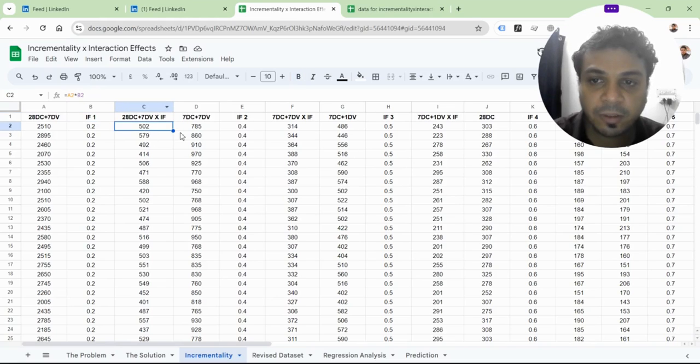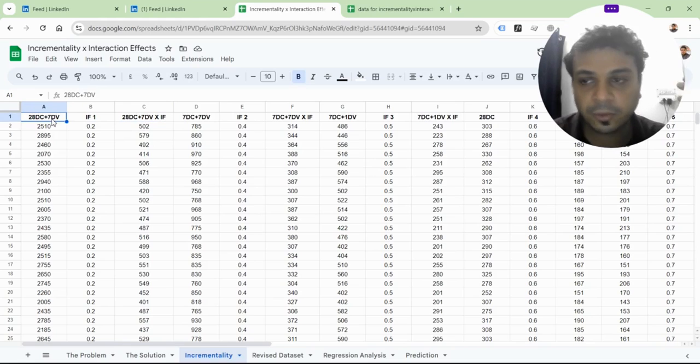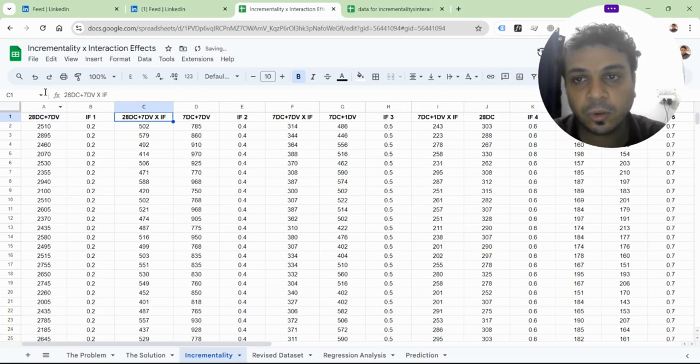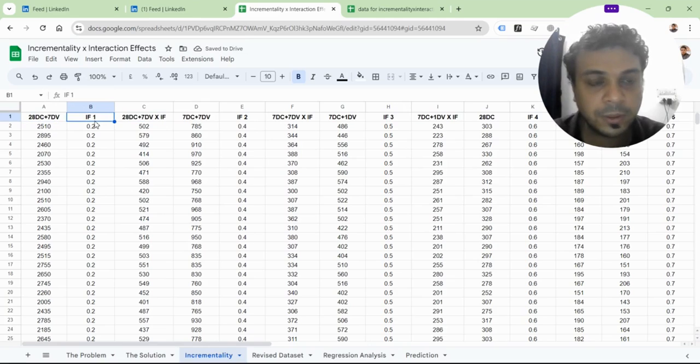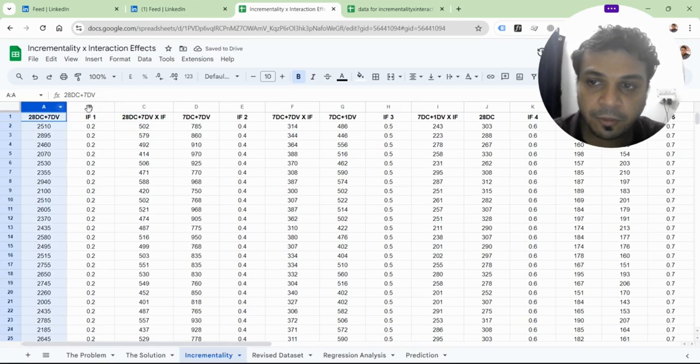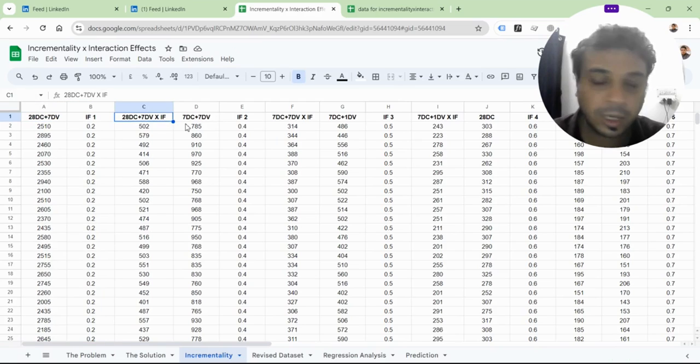So the interaction effect values actually represent, because of the name and the concept itself, the information provided by the attribution window revenues and the incrementality factor values. Since these interaction effect variables already contain information from these two variables, I found out that, at least for this data set, it's giving the best possible outcome.